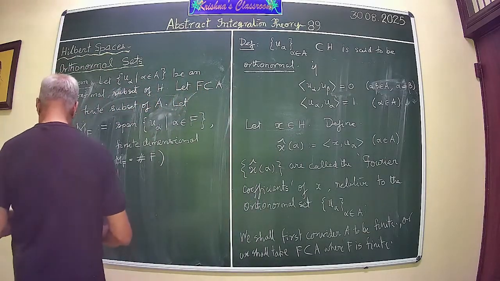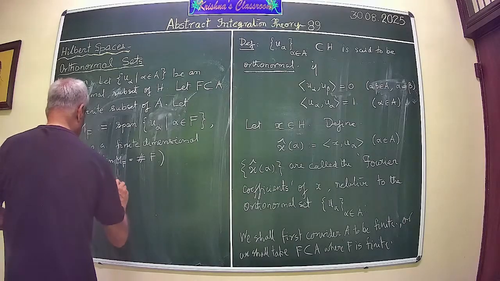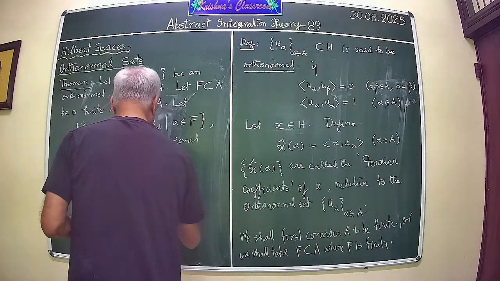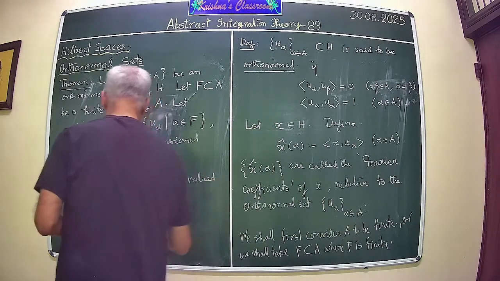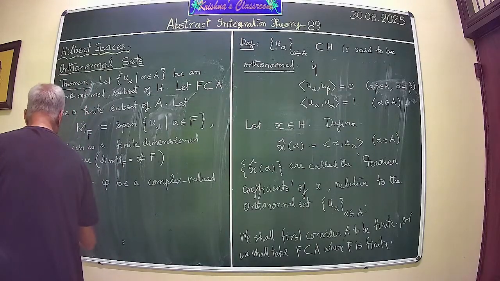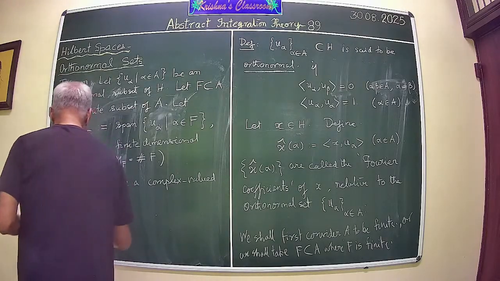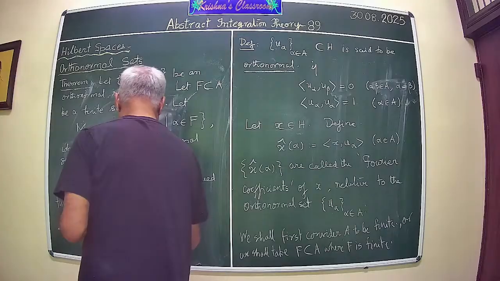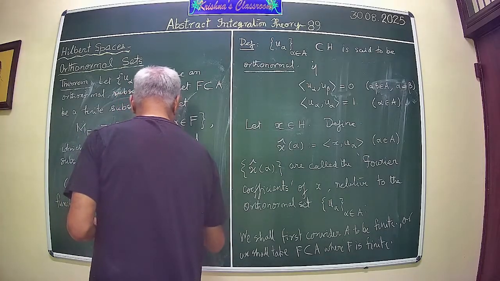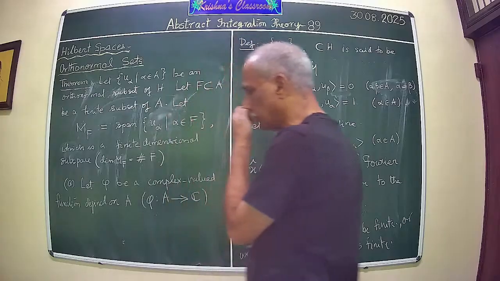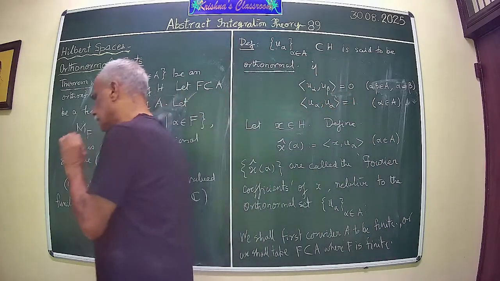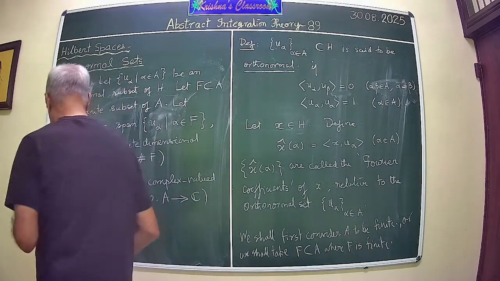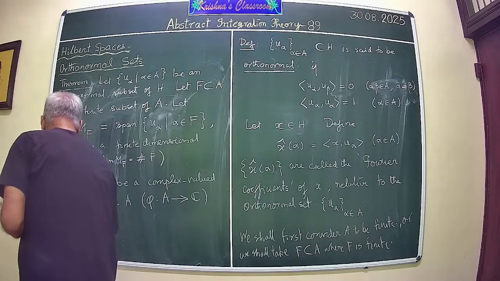Okay, then we have the following. First statement is that if phi is a complex valued function, that is phi is defined from A to C, that means associate with each alpha a complex number. So we take phi in a particular way.